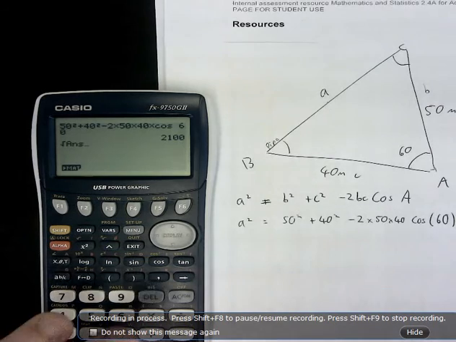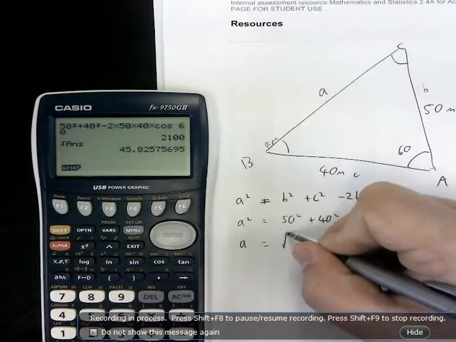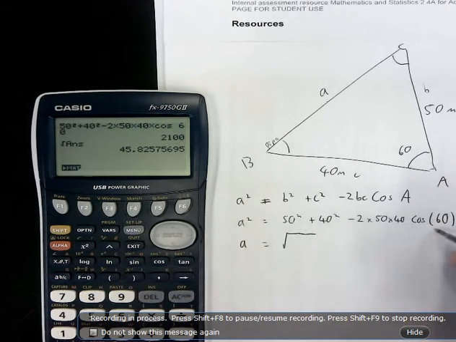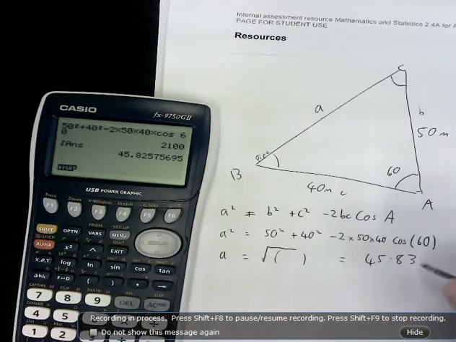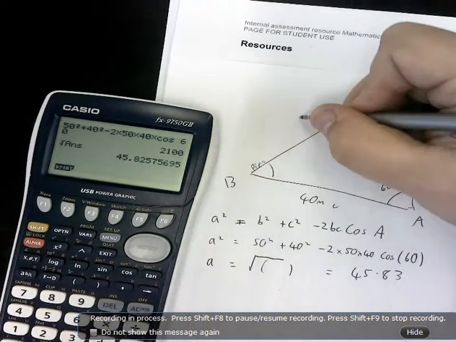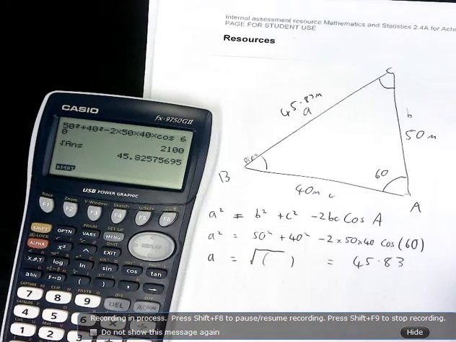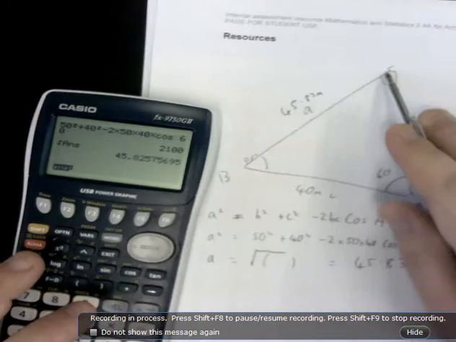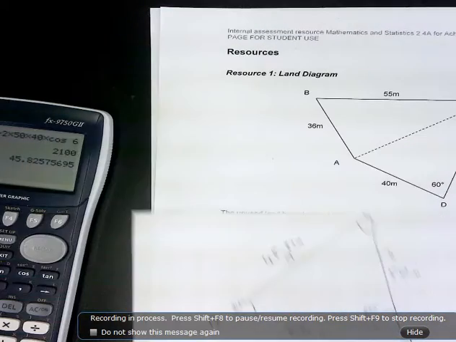That will give us a, which equals the square root of all of this, 45.83. We'll round to there, 45.83 meters. So I'll just put that in on my diagram, 45.83 meters. So that's the length of the pipeline, because this is the dotted line through the middle of the previous diagram. So we've worked out that there. That's part 1 of the question anyway.